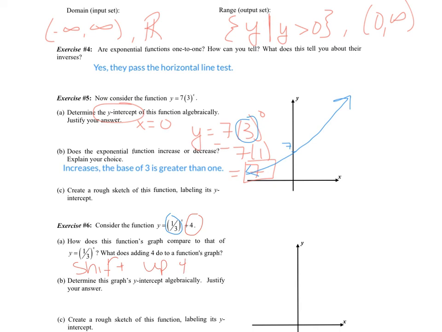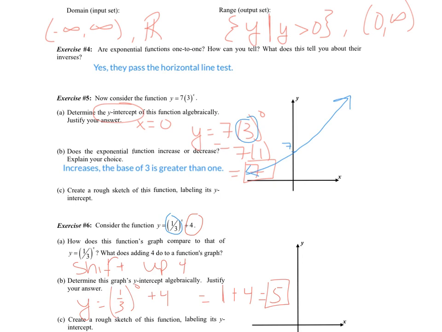In order to get the y-intercept, once again, we're going to set x equal to 0. So this is going to be 1/3 to the 0 plus 4. Well, 1/3 to the 0 is just 1. Remember, anything to the 0 power is 1. 1 plus 4 is 5. So our y-intercept is going to be 5. And then part C wants us to create a sketch.